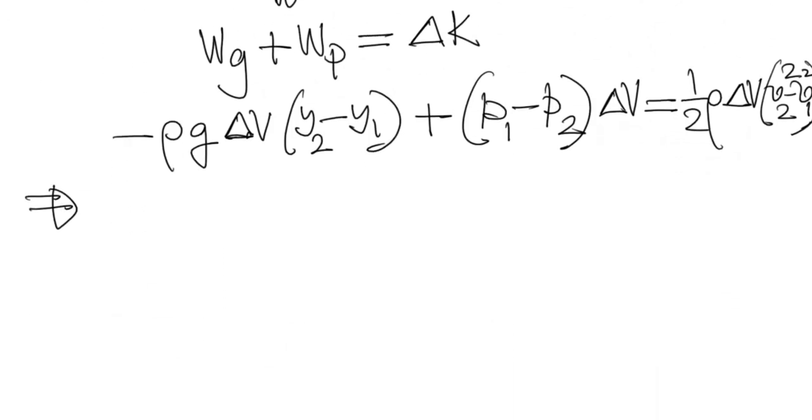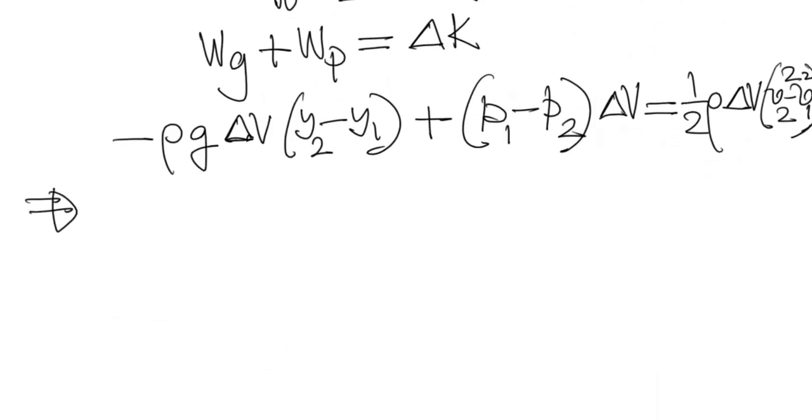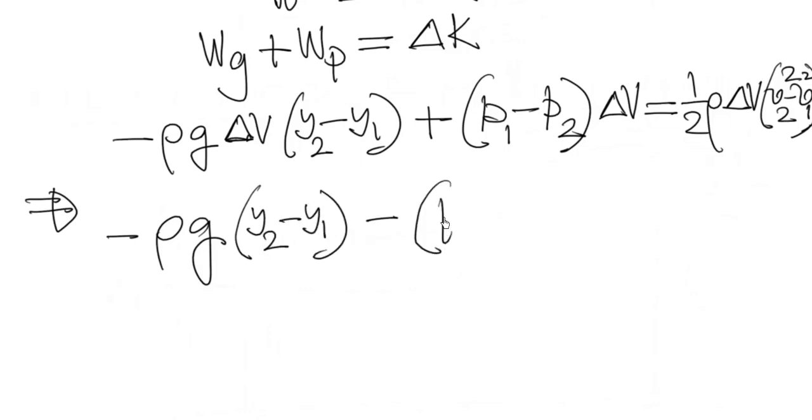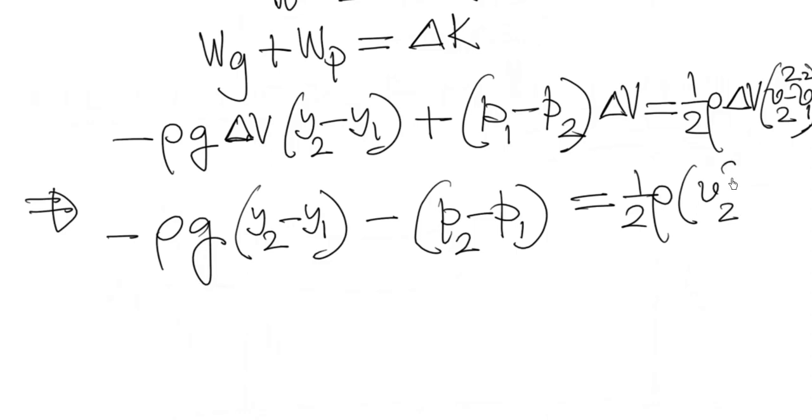From this we can write, we cancel delta V from both sides, and this one rho g y2 minus y1, and this is minus p2 minus p1 equal to half rho v2 square minus v1 square.